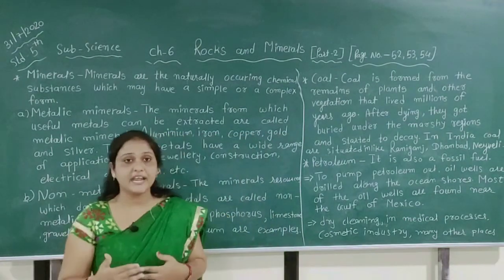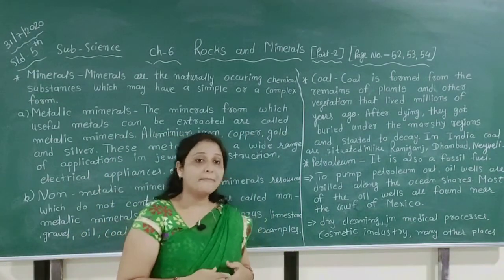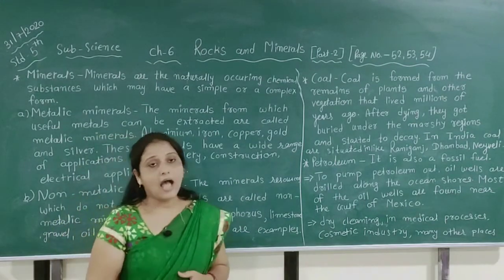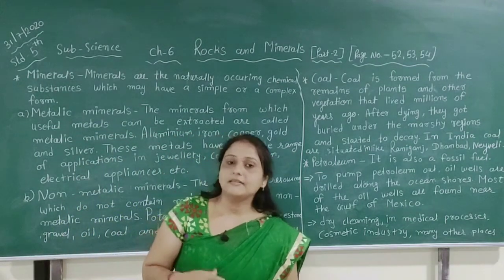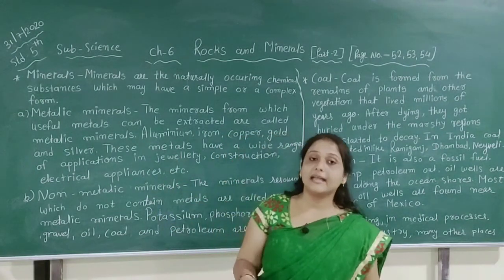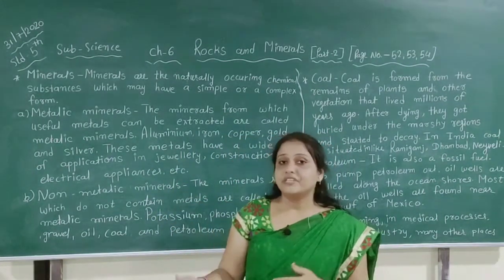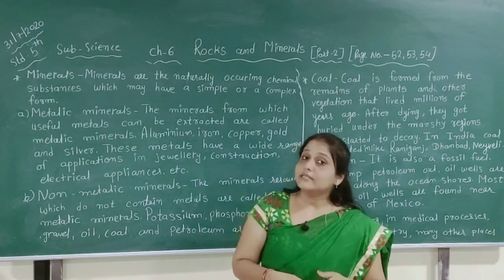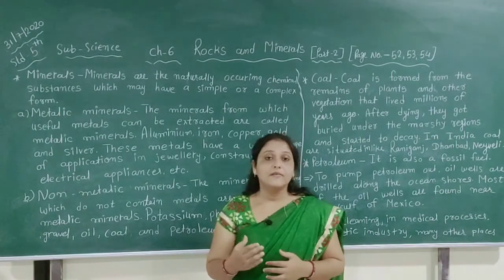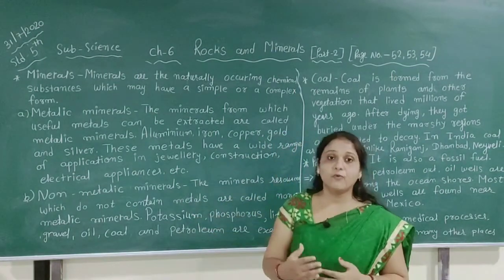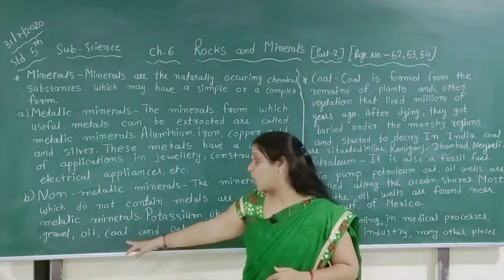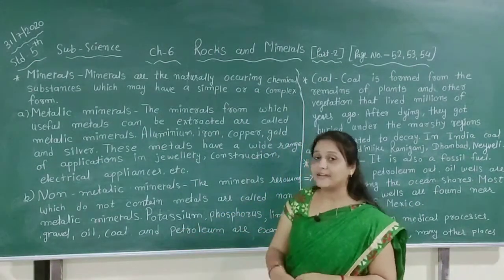In metallic minerals, we can see aluminum, copper, iron, silver and gold, which are useful to us in many ways. In non-metallic minerals, we can see potassium, phosphorus, limestone, gravel, oil, coal, and petroleum.